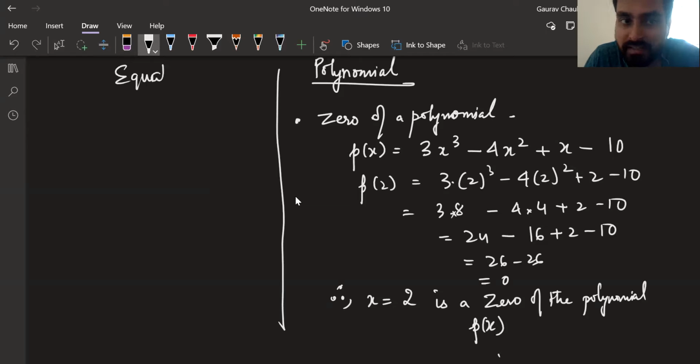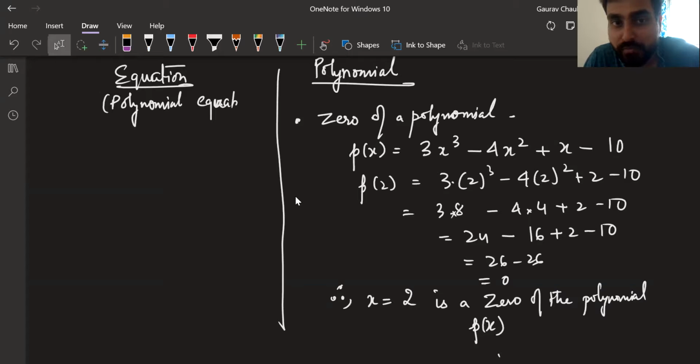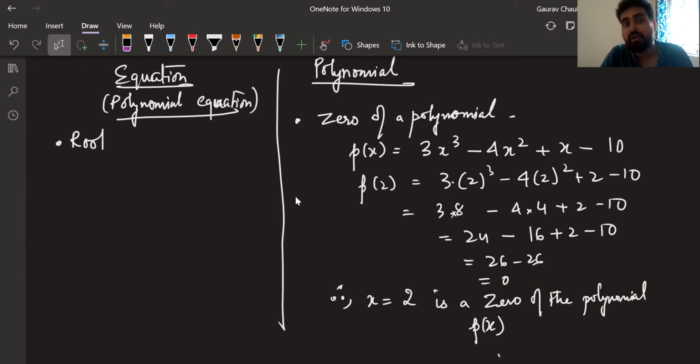In this case, it is a cubic equation. The equation can be any polynomial equation, a quadratic equation. We are learning quadratic equations. It can be a cubic equation. It can be anything. Here it is called root of an equation.